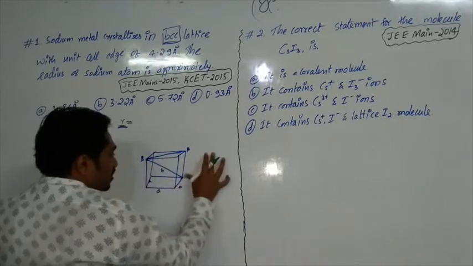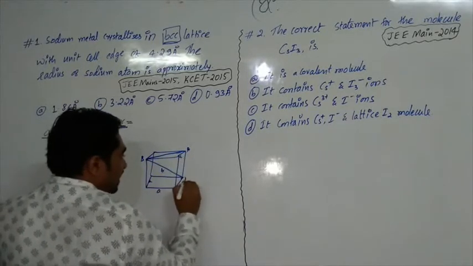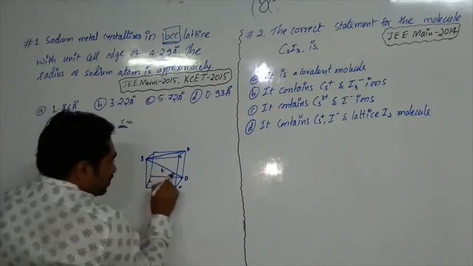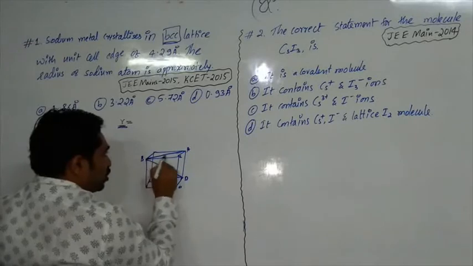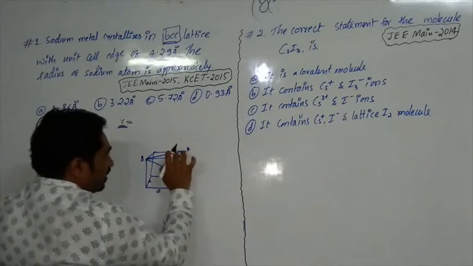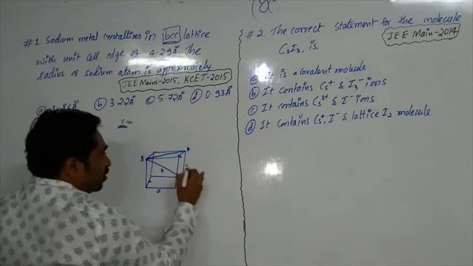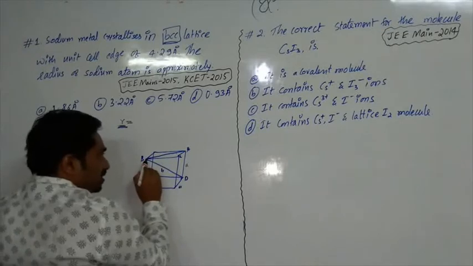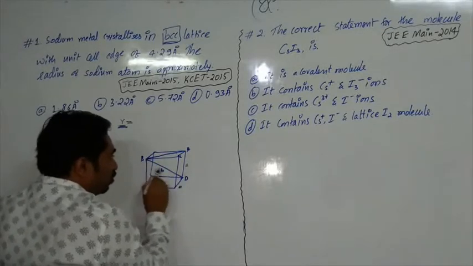So let us take this as C, this as D. To calculate the length of this B, we have to calculate first the length of this, and the length of A to D is A because it is the side of the unit cell. So here by using the Pythagoras relationship, we can calculate the length of the body diagonal.